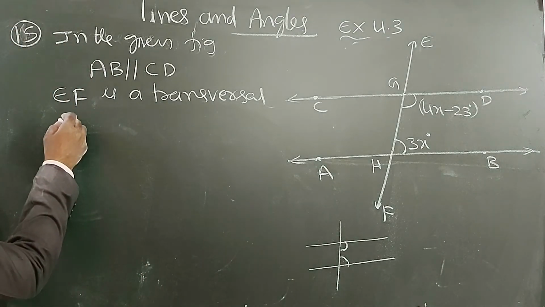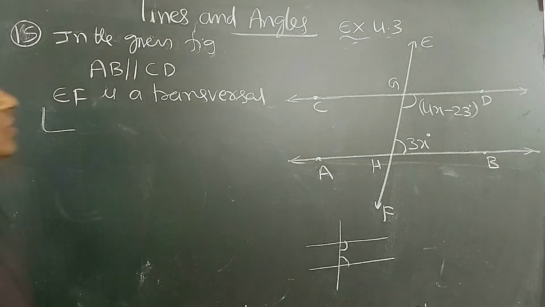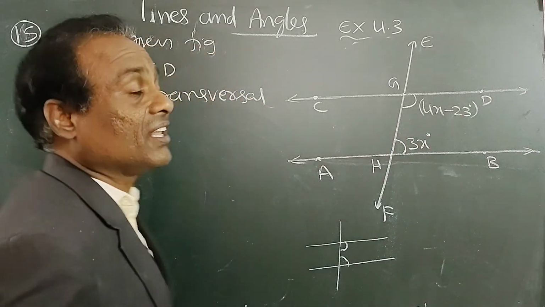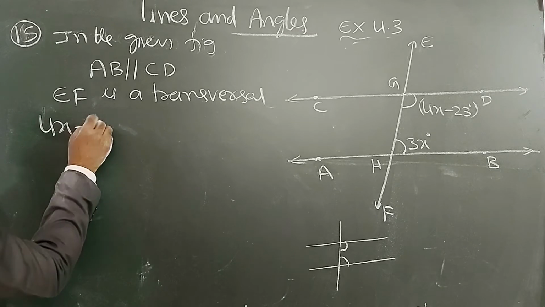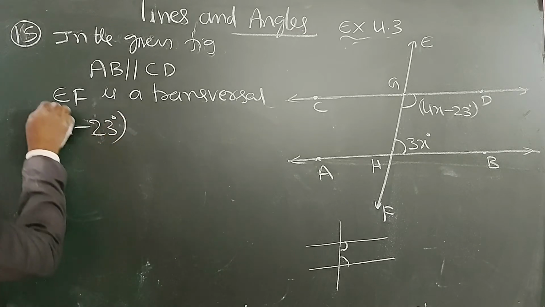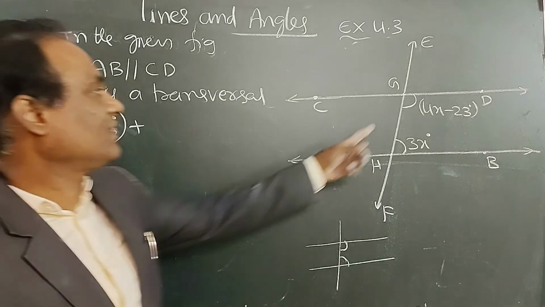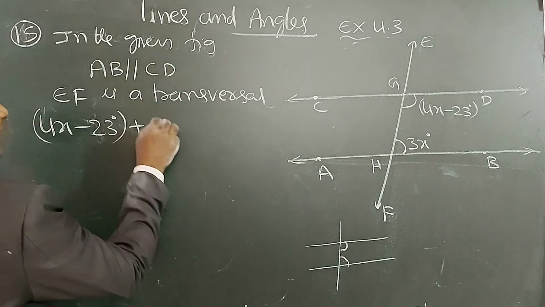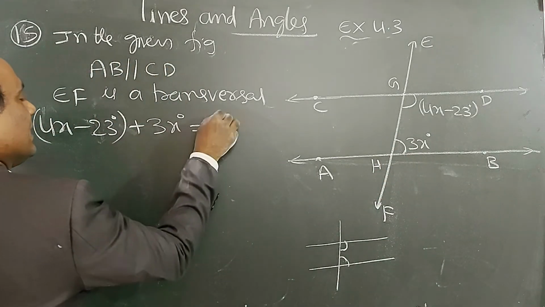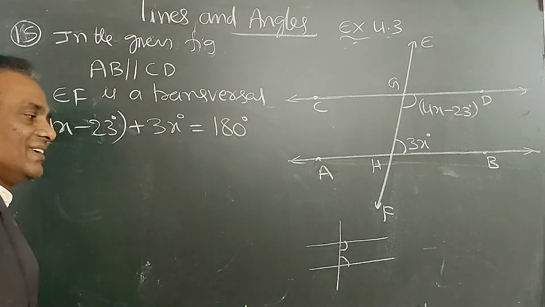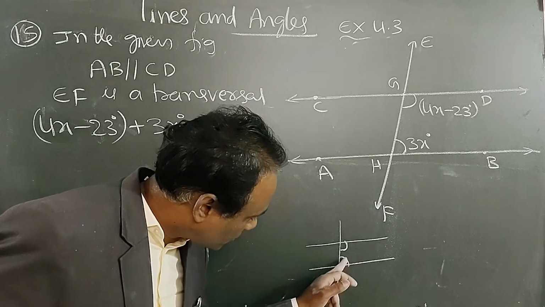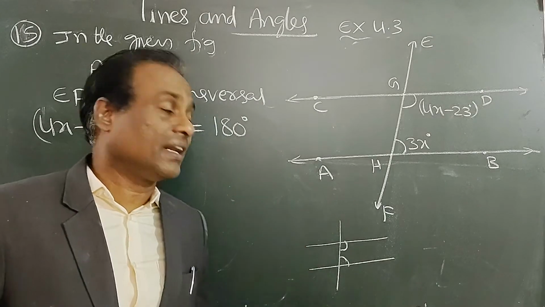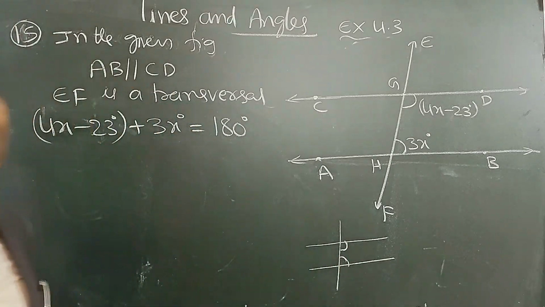See here, this angle 4x minus 23 plus this angle is equal to 180 degrees. The sum of these two angles on the same side of the transversal, both interior, is supplementary, that is, the sum is 180 degrees.